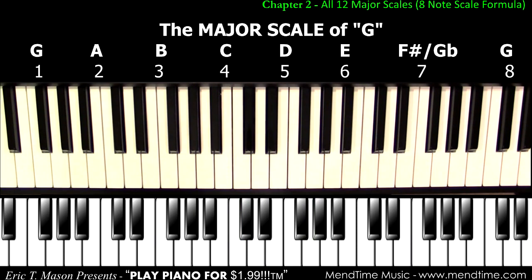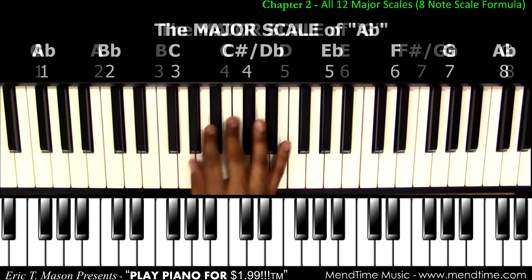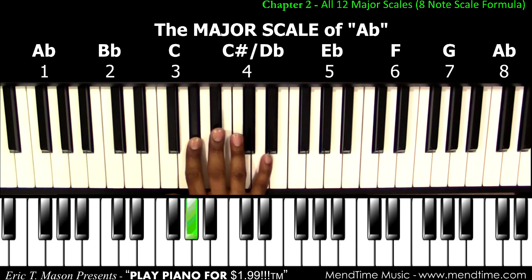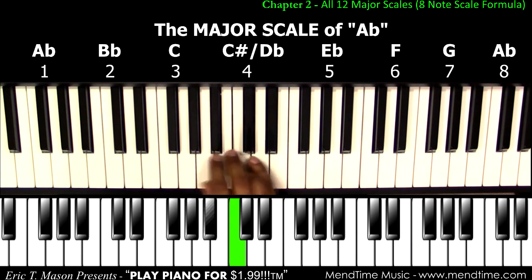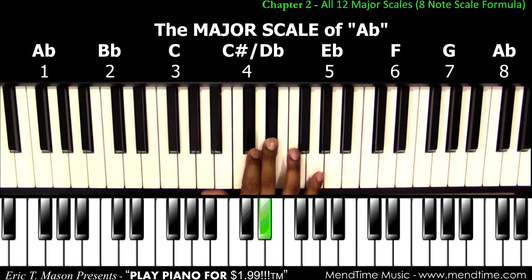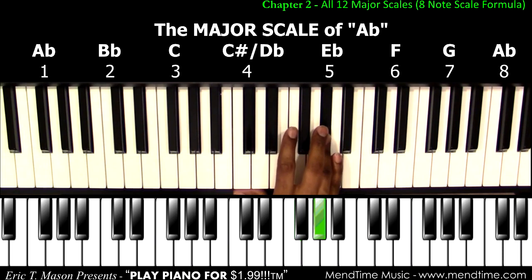Okay, I think you're ready to teach me. We're going to move on to the scale of G sharp, A flat. Starting at A flat or G sharp, A flat, A sharp, B flat, C, C sharp, D flat, D sharp, E flat, F, G, G sharp, A flat.